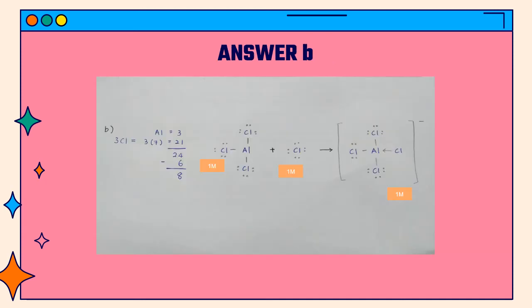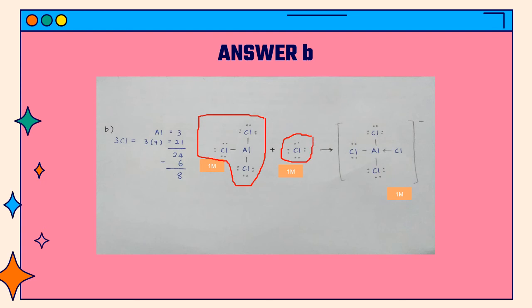So here is the answer for question B. AlCl3 plus Cl -1 and the product is AlCl4 -1. So first we draw the AlCl3, and then Cl -1. -1 means it accepts 1 electron, so Cl has 8 valence electrons.